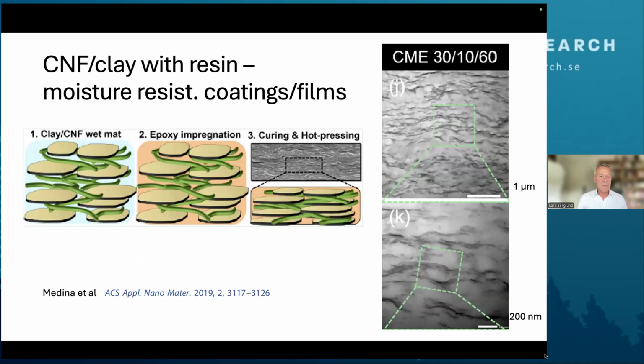The final example of nanocellulose is this filtration of CNF and clay nanoparticles. But in this case, we also impregnate with epoxy. And if you look on the right-hand side micrographs, you see at the scale of 1 micrometer, the upper image, we have some heterogeneity.